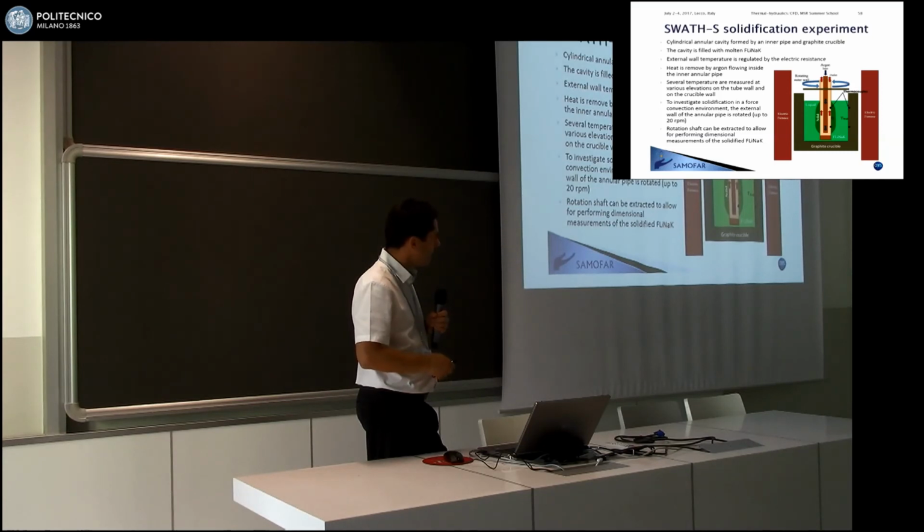This is another example of an experiment that is running right now. It's a solidification experiment. Here we have an electric furnace that will keep the temperature in this graphite crucible. Inside here we have a molten salt, and then we have this cooler that is an annular cooler where you have an argon flow that goes down and then goes up.